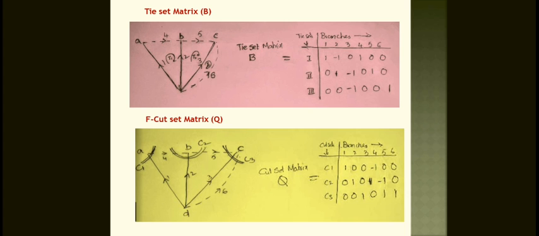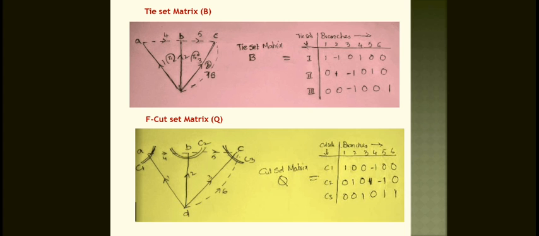And 4 is also in the positive direction. So therefore 1, minus 1, 0, 1, 0, 0, because 5 and 6 are irrelevant.